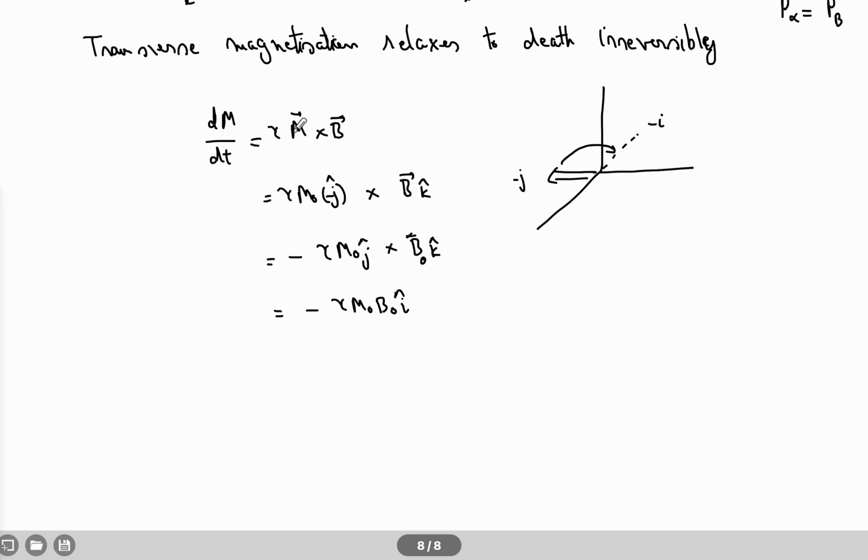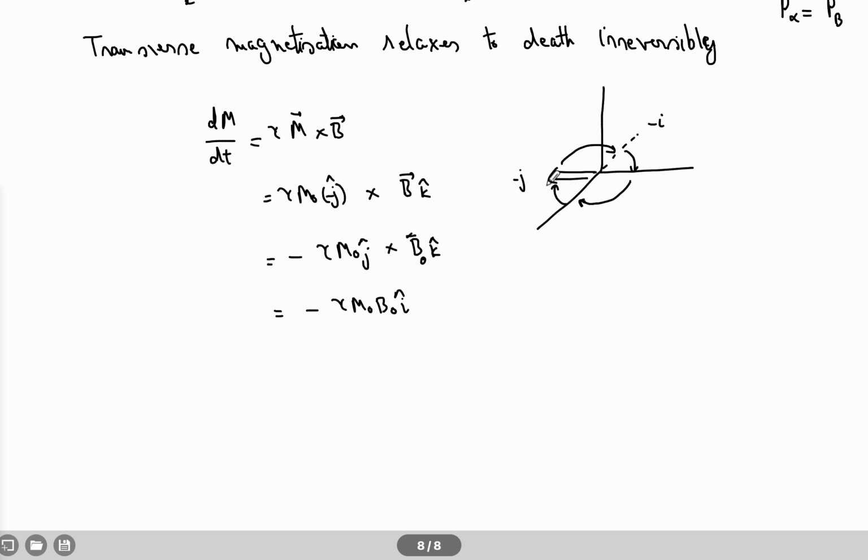Now if I apply the torque again, this relation again, that m0 cross i, m0 i cross B k, then this will turn out to be this side. And if I apply torque again, it will be like this, and it will be like this.